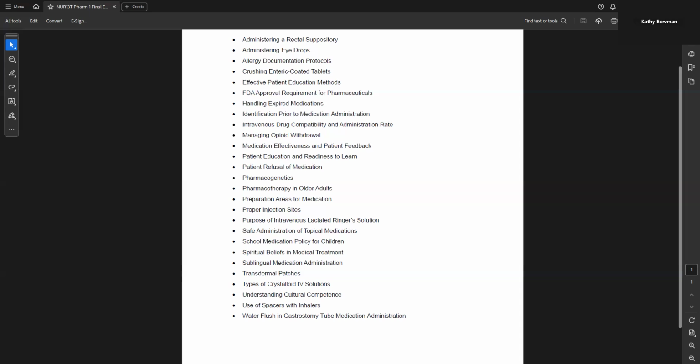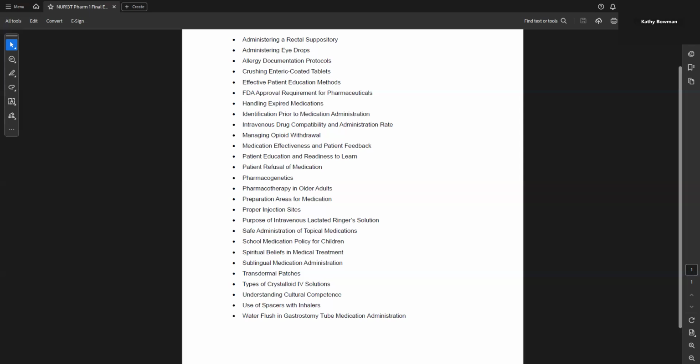Yeah, very good. So it's actually beneficial for those who don't know how to use an inhaler, bottom line, right? Kids are the primary users of spacers, pediatric patients.